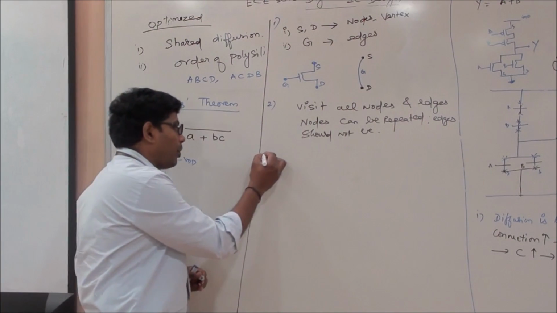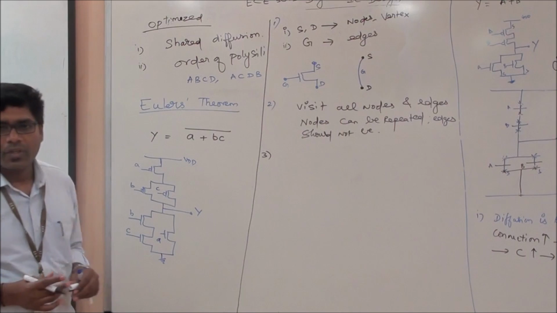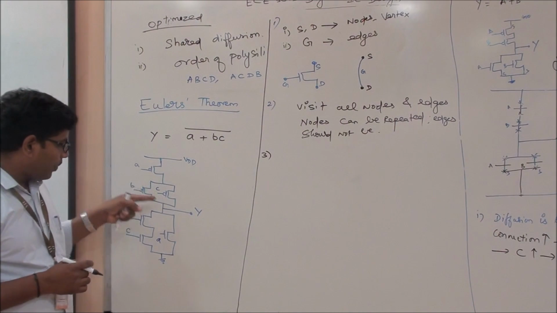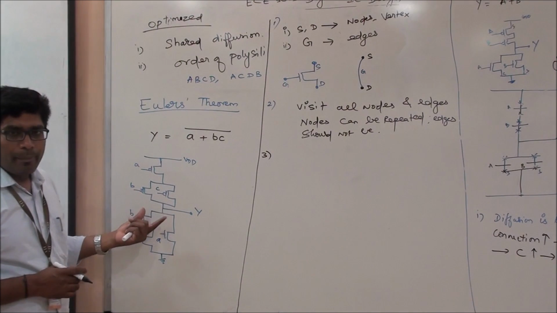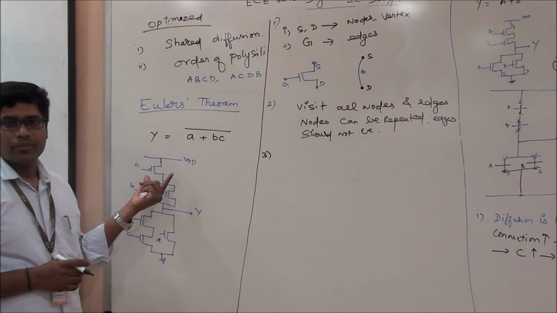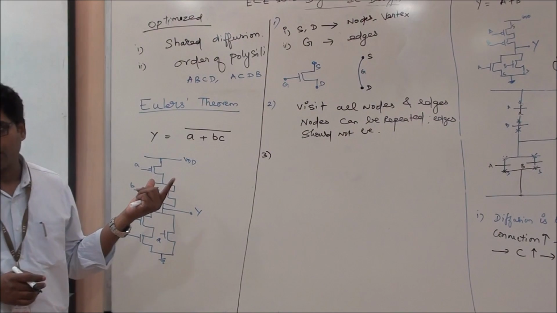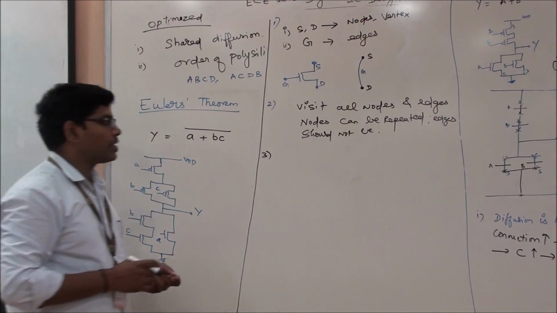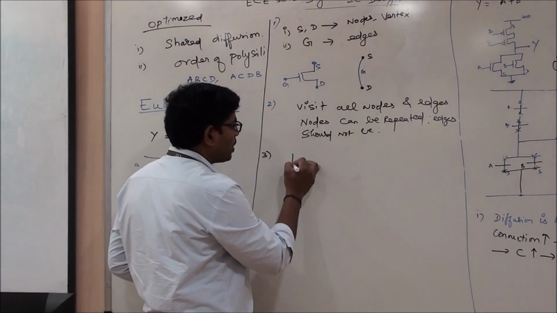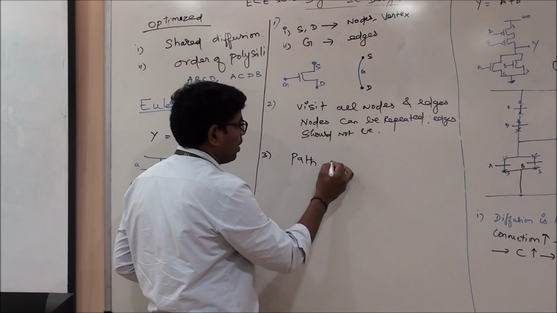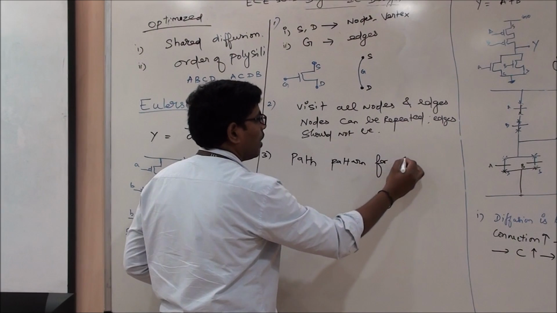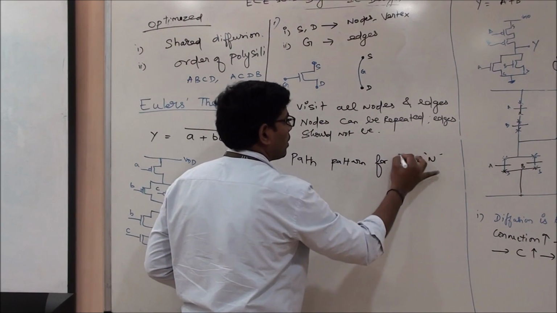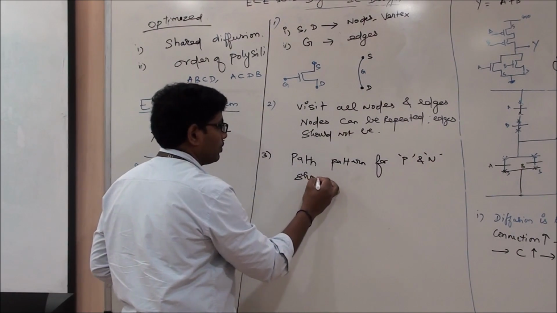The third important point is, whatever pattern you apply for the NMOS network, the same pattern should also be satisfied for the PMOS network. That is, the path pattern for PMOS and NMOS should be the same.